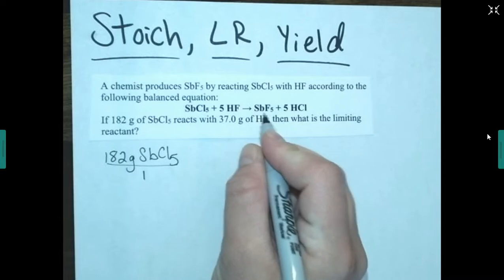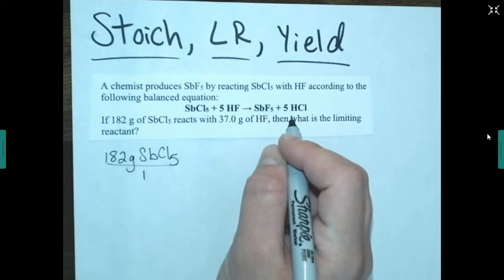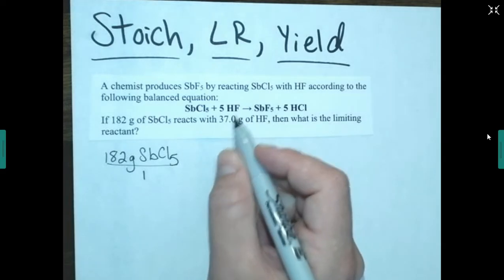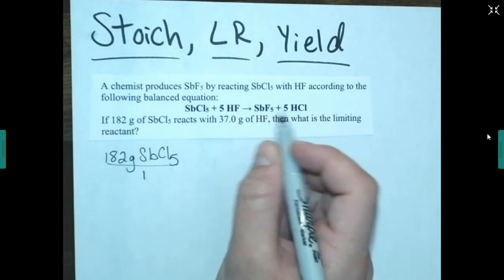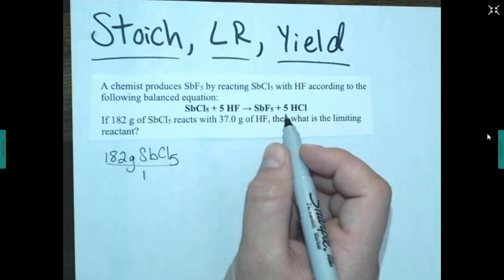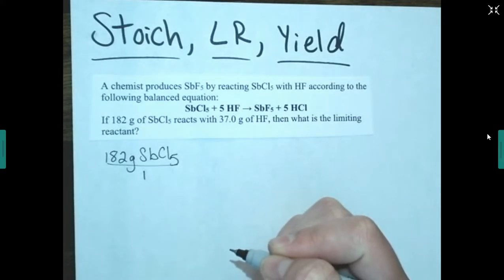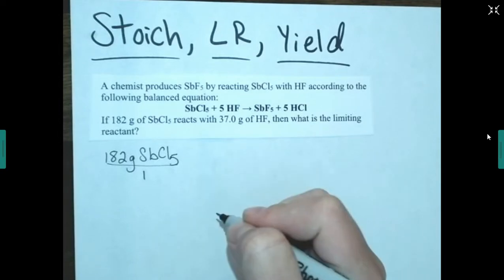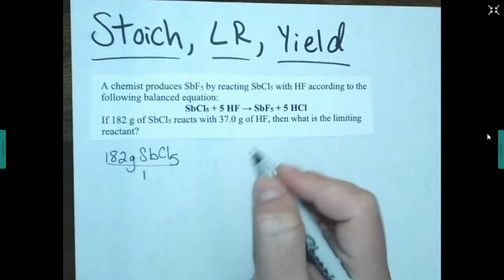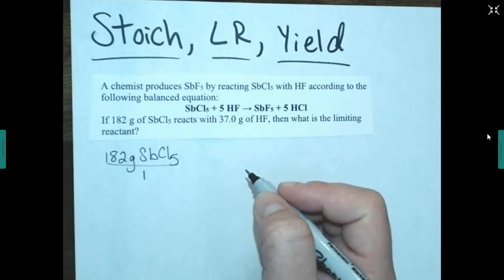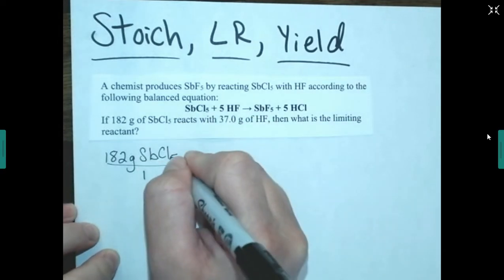If you have two products, it doesn't matter which product you choose to do your stoichiometry problem for. It doesn't matter which product you solve for in order to figure out the limiting reactant, as long as you're consistent with both of your stoichiometry calculations and you pick the same product to compare side by side. So we're just going to pick this first one, and that will help us to solve the other problems later on, okay? So I start out with grams.